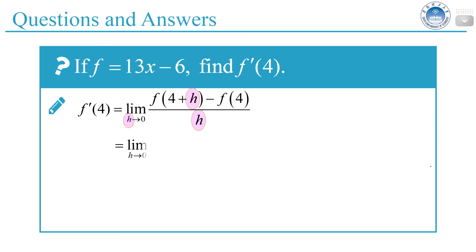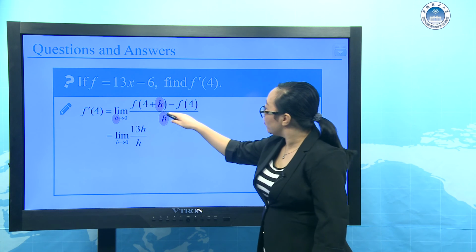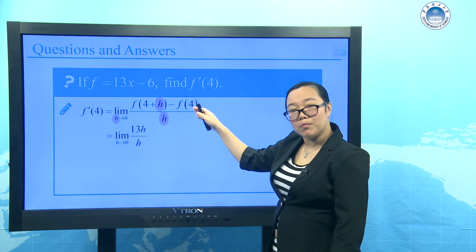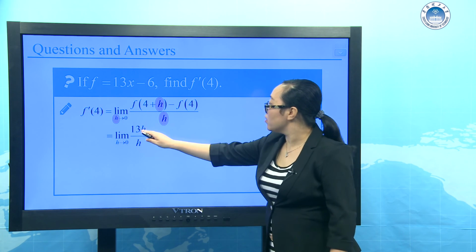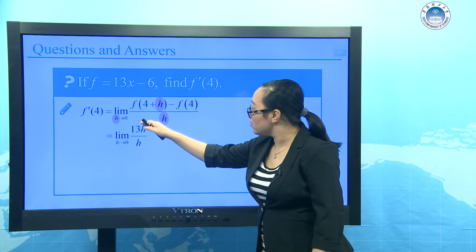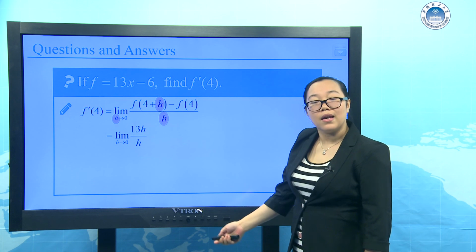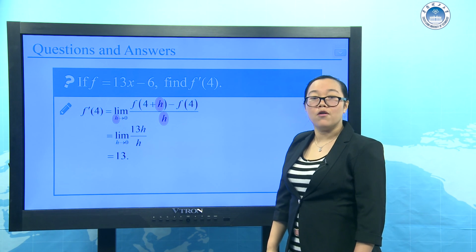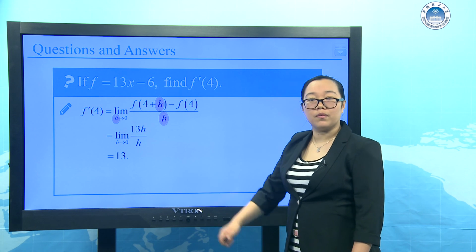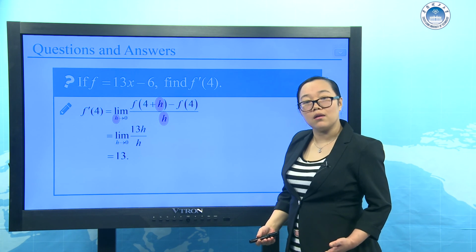The same expression. Limit, h tends to 0, over h. The value minus another value, the difference of the two values, equals 13h. h is deleted, so the limit equals 13. It's our final result. f prime 4 equals 13. Of course, we can check the answer.